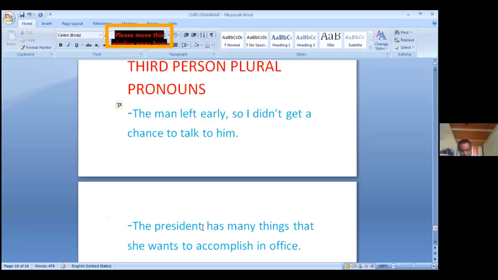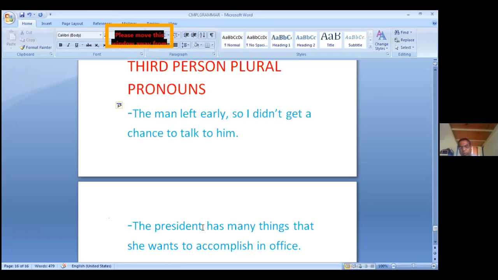So the president is singular. The president is singular, so it takes the third person singular pronoun, and that pronoun will be she, because she is a feminine gender.